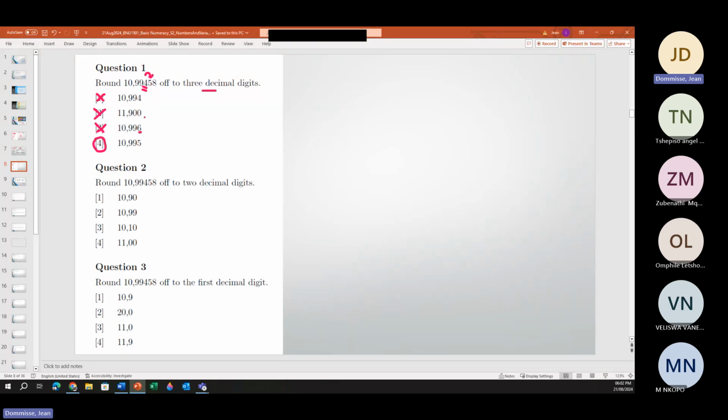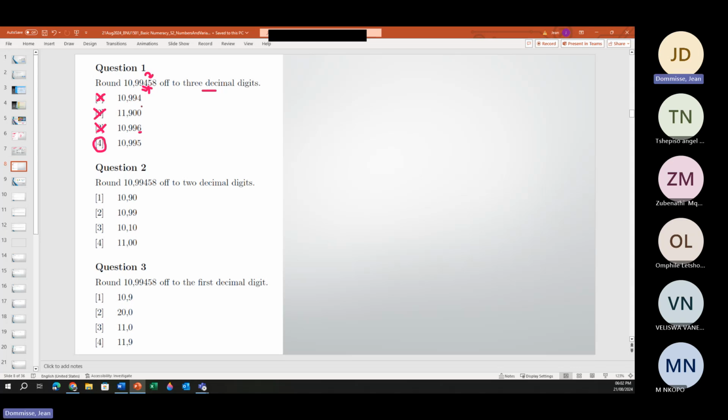They've included the third option to confuse you, because very easily one could have looked at that and said, okay, I rounded the 5 up to 6, and miss some of the decimals.